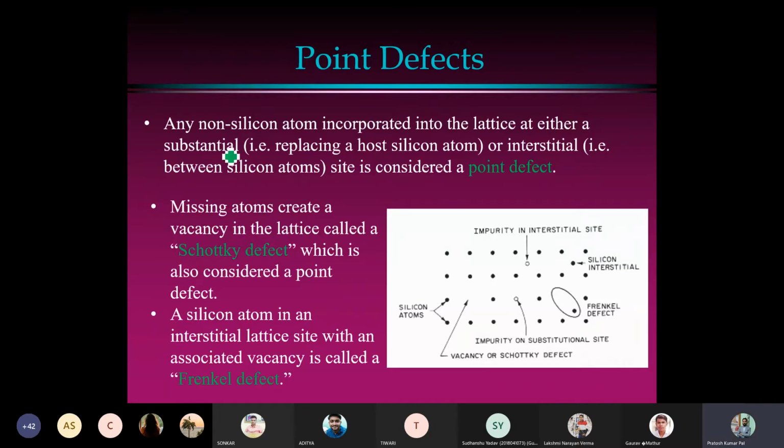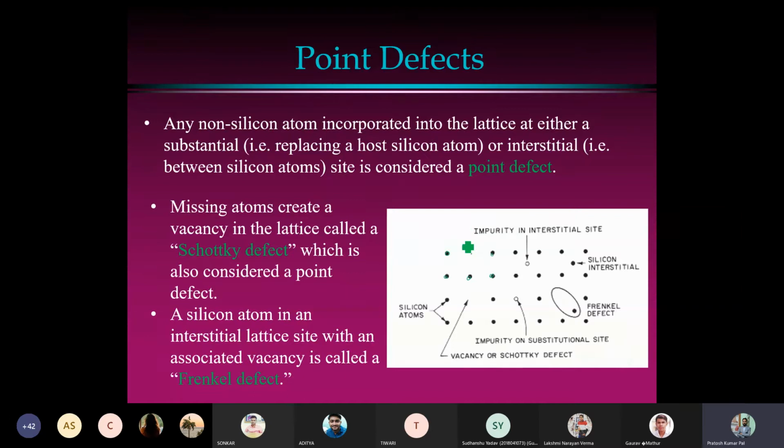So point defects. Suppose a crystal structure is there. Onto this crystal structure, different silicon atoms are there. A point defect is the introduction of any non-silicon atom onto the lattice. This is the lattice.